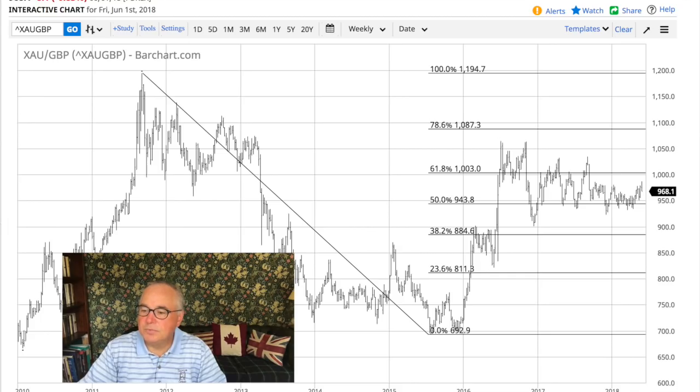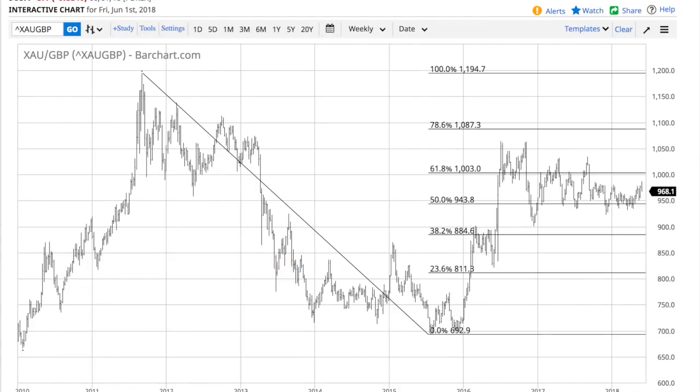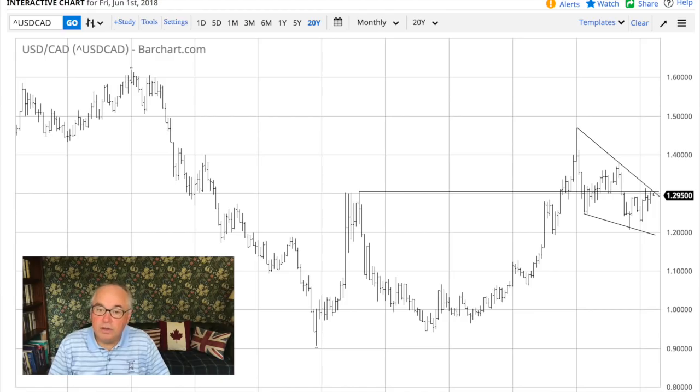And again, the other thing about retracements is that a lot of times markets consolidate between the 50% and the 61.8%. And that seems to be the case here for XAU GBP. I know it's been above and below there, but for the last couple of years, mostly between that 950 and 1000.